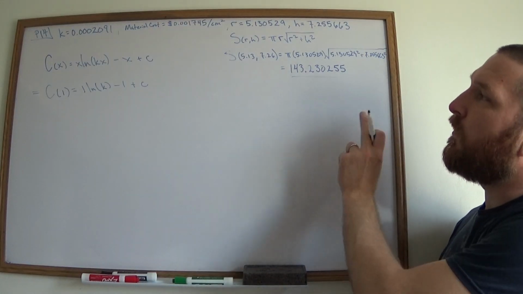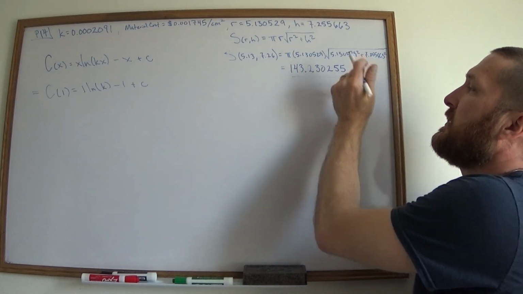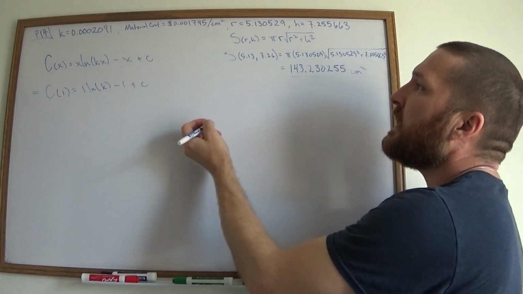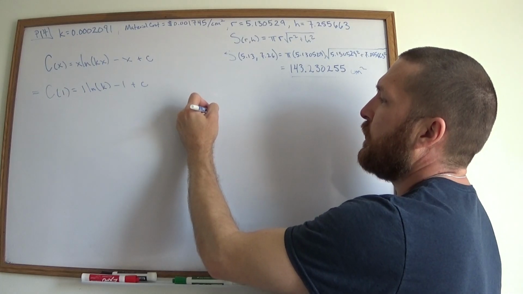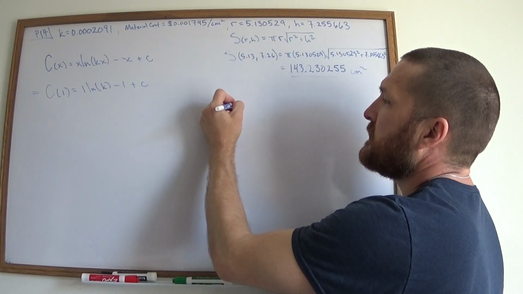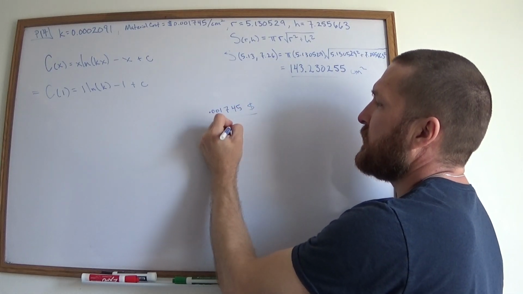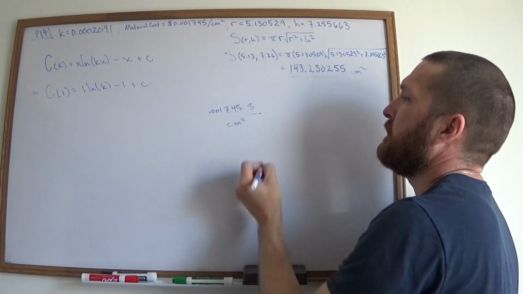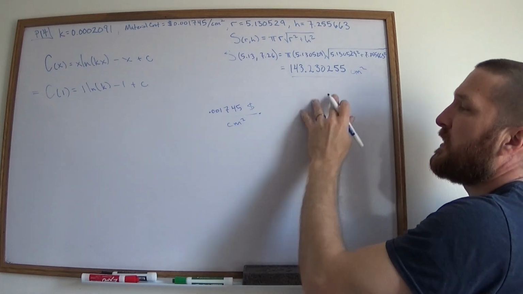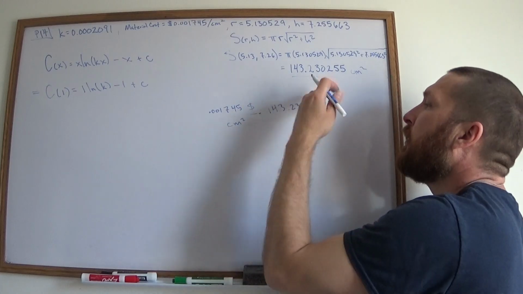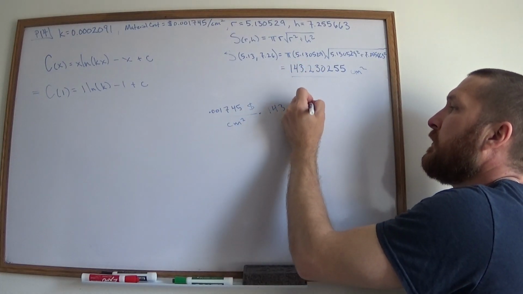Okay, so the cost of one cone, which is this many square centimeters, should just be the cost, 0.001745 dollars per centimeter squared, times the total surface area of the cone, which is 143.230 and so on centimeters squared.